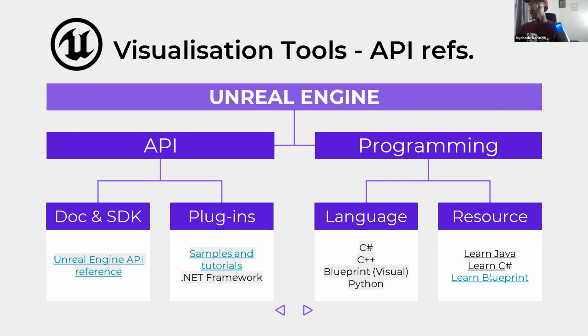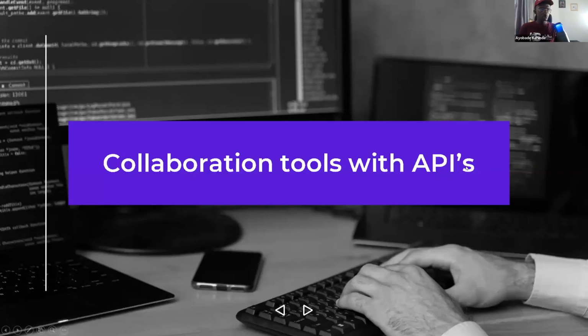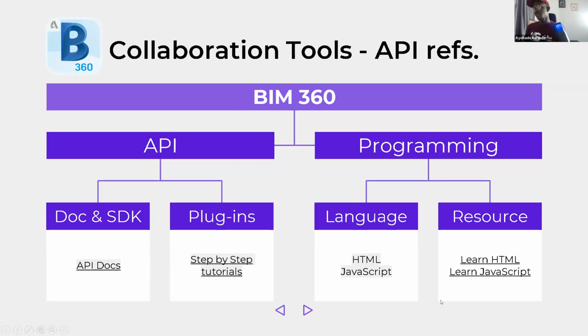So okay, there are also collaboration tools with APIs. For example, BIM 360 has APIs online, with step-by-step tutorials where you can learn. You go to their web page, API docs.